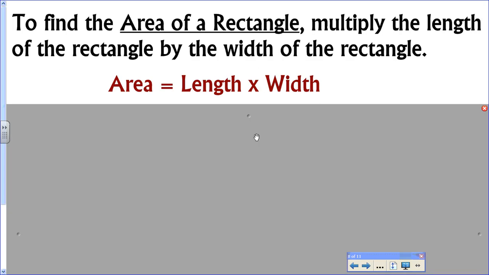Before we talk about surface area, I want to refresh your memory on how to find the area of a rectangle. To find the area of a rectangle, you multiply the length of the rectangle by the width of the rectangle. So area equals length times width.